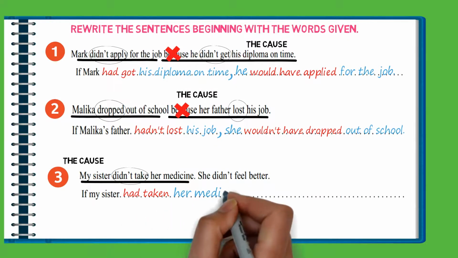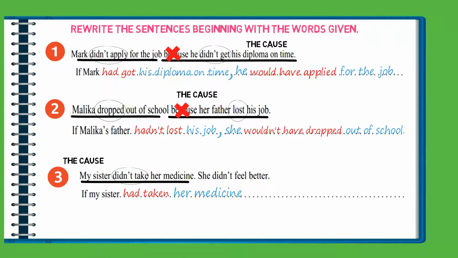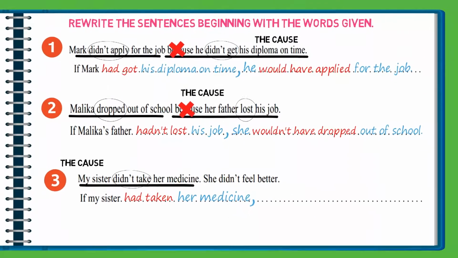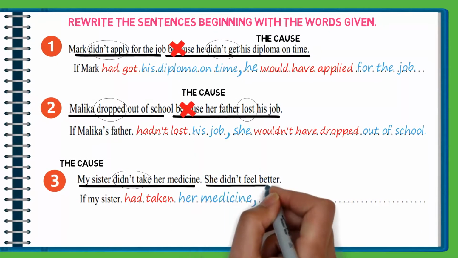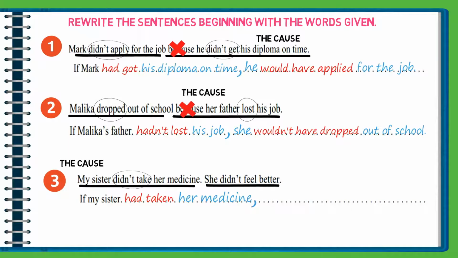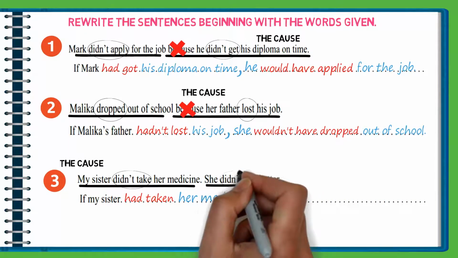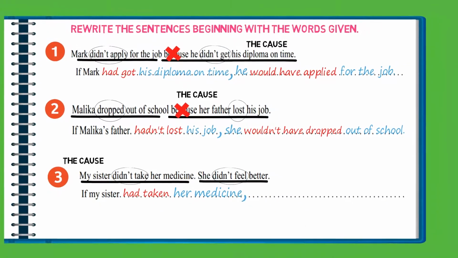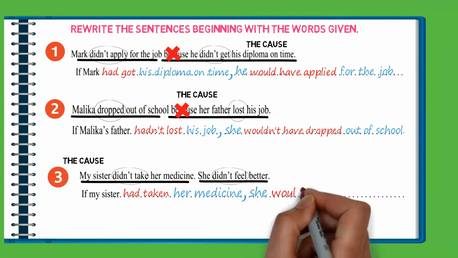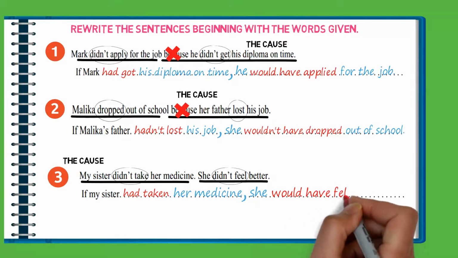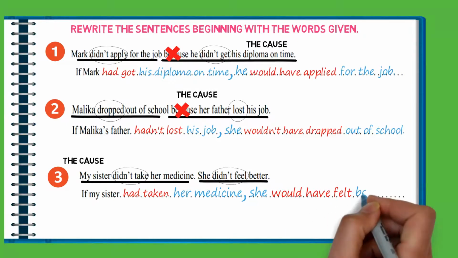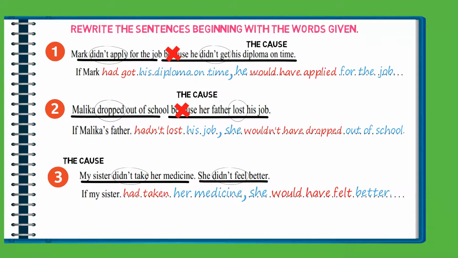So if my sister had taken her medicine, comma, she didn't feel better is the result. The verb is didn't feel. Okay, so didn't feel is negative also. We need to put it into the positive. So we can say she would have felt. She would have felt better. So if my sister had taken her medicine, she would have felt better.